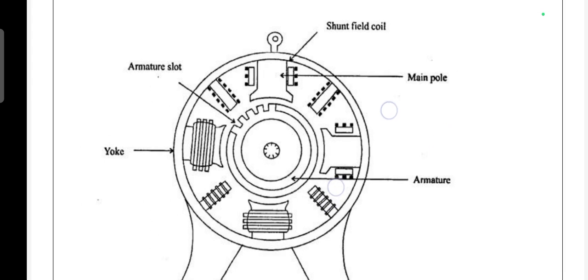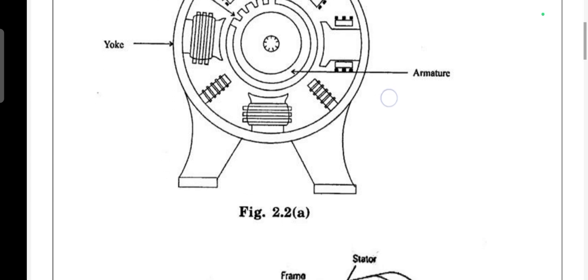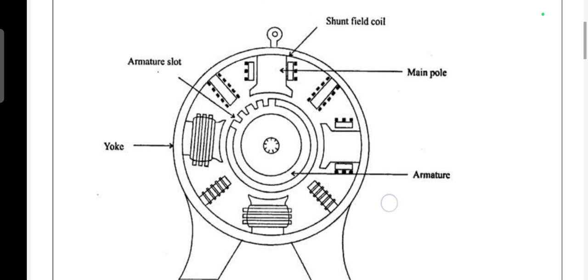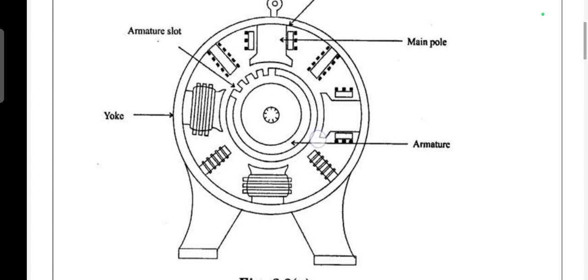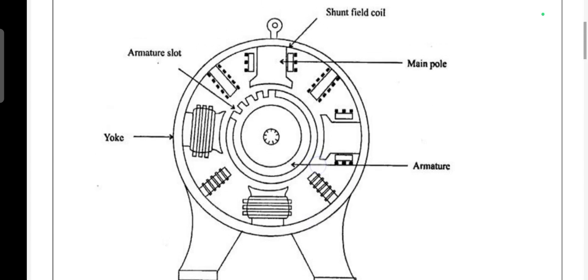See, this is the diagram for a DC generator. In this diagram we can see five different parts: armature slot, yoke, shunt field, main pole, and armature.